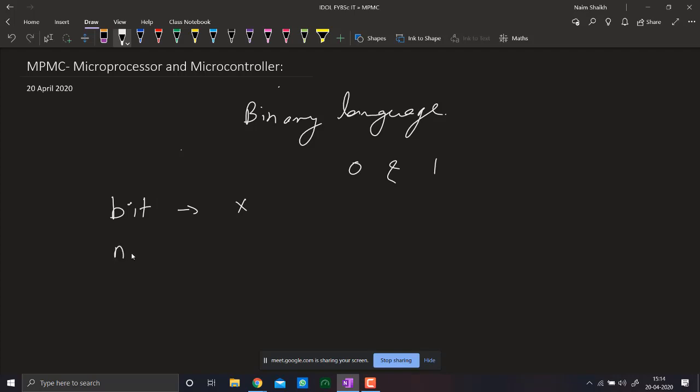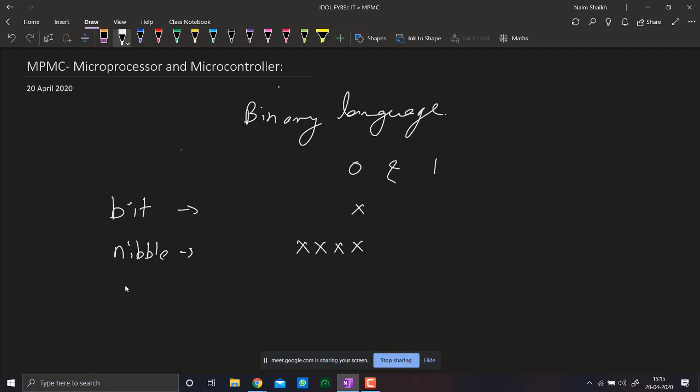There is something called a nibble. Whenever I have 4 bits all together, I say it is a nibble. This is a bit, and the nibble consists of 4 bits, 1 2 3 and 4.